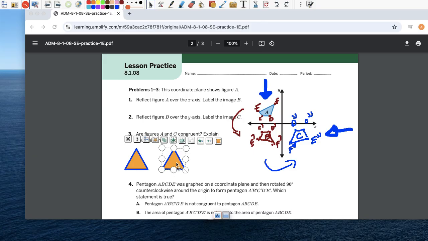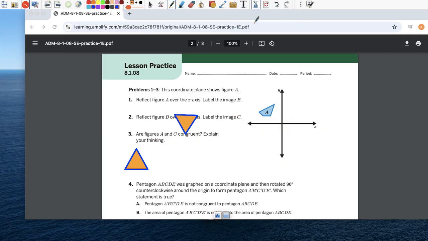where this triangle flips to the other side, or let's say reflected over a horizontal line. So I translated to the right, and then I reflected over a horizontal line. Is this original triangle and its image the same triangle?